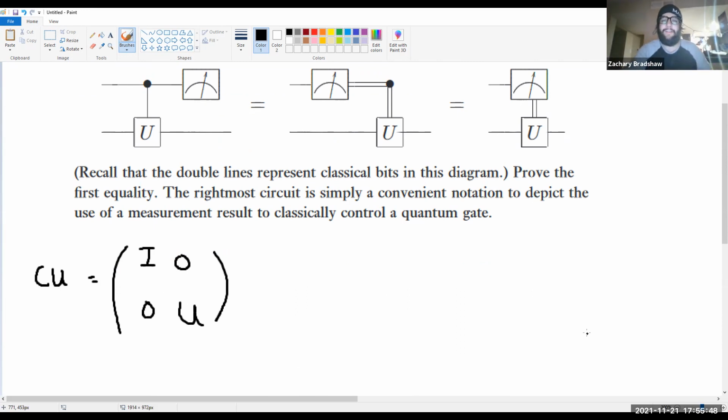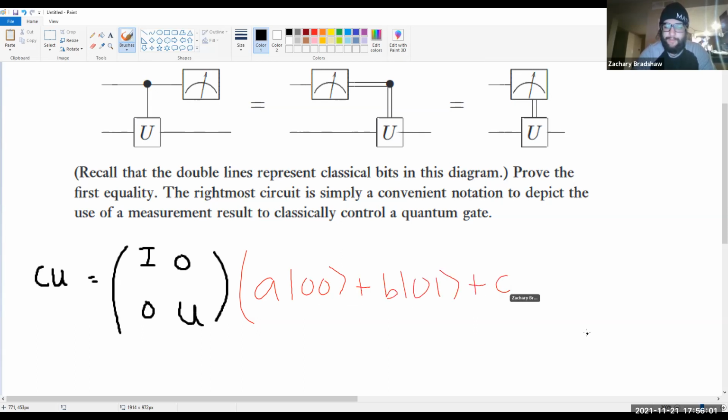I'll write in red so we distinguish. So we'll start off with a state A|00> plus B|01> plus C|10> plus D|11>. Your pictures are in the way, guys. Mouse, there we go. Okay, got it.